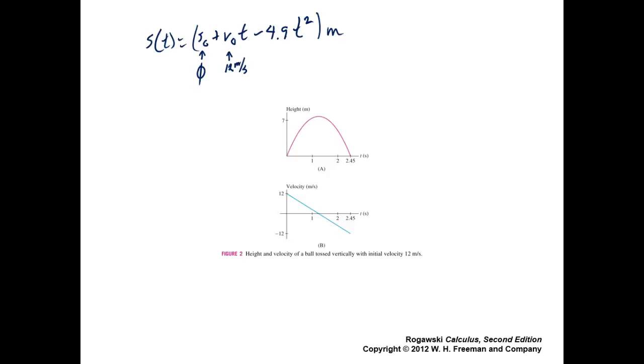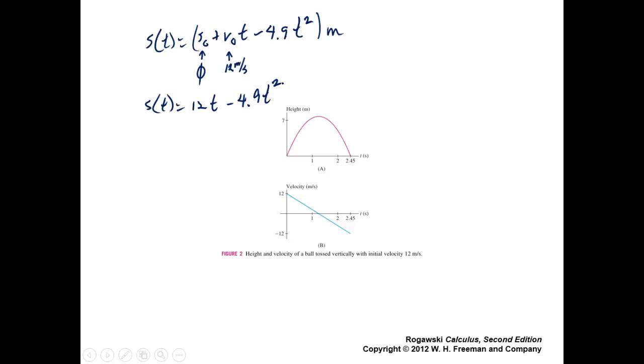If we're going to call it initial, I'd rather call that V sub I, but we can understand that. So our formula is S of t equals 12 t minus 4.9 t squared. I'm going to leave off units for now.